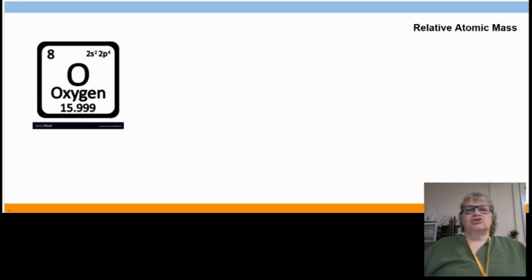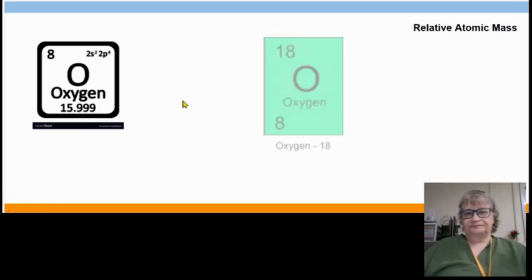Okay, so the first thing you need to know is that the relative atomic mass accounts for all of the isotopes, right? So when we say that oxygen is 15.9999, it's because there's more than one isotope of oxygen, which means that there's differing amounts of mass for each of those atoms.